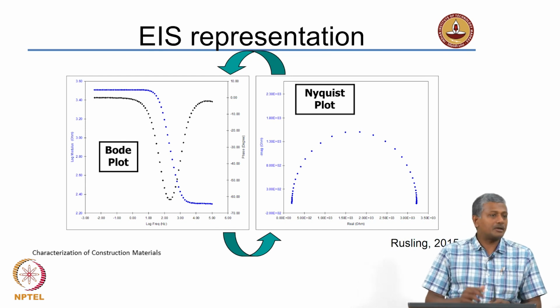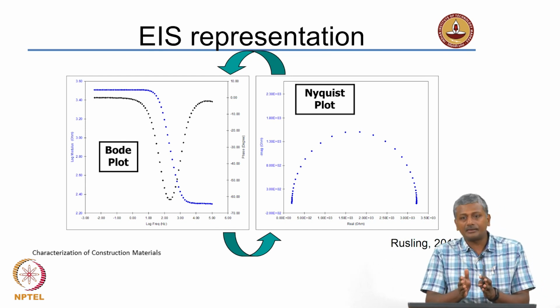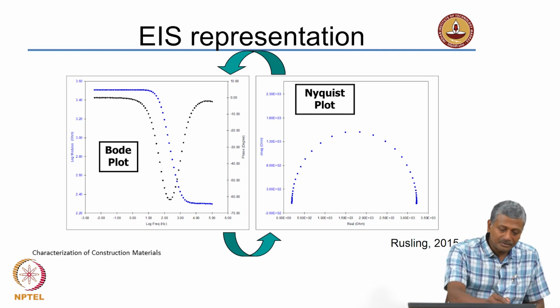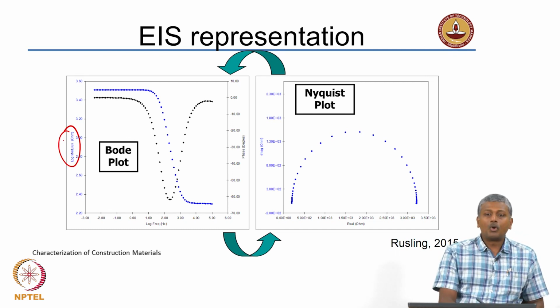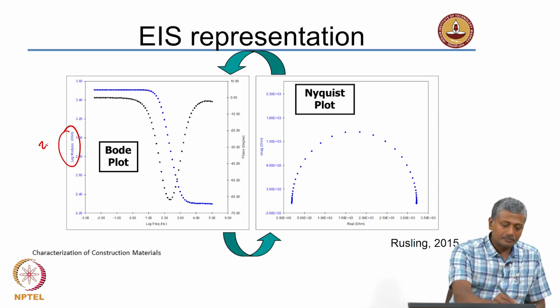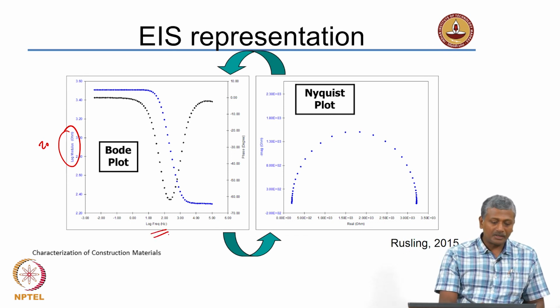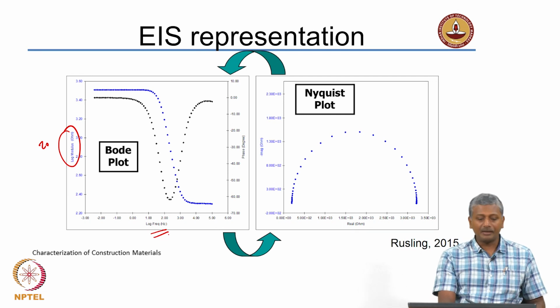So, as I said, you are simply changing the frequency of the AC current and determining the impedance value. So, one way of representing the response is simply the modulus, that means Z naught, as a function of the frequency. Typically, it is on a log scale for what we call a Bode plot.